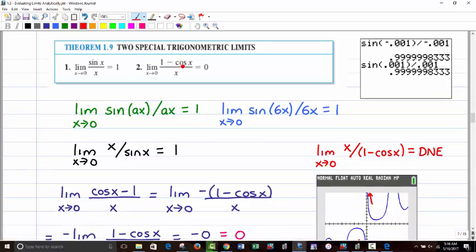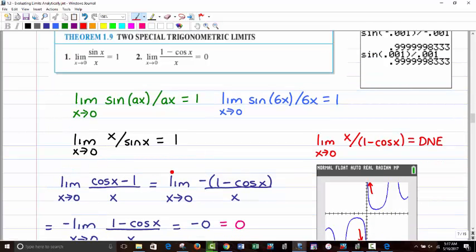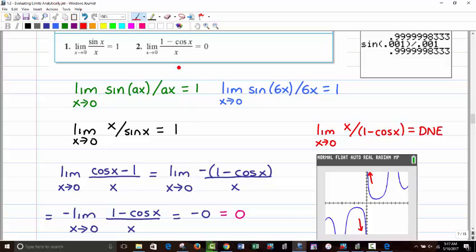Now this one, the 1 minus cos of x, is actually the same as cos of x minus 1, because just imagine if you pulled a negative out of that numerator. This one we've already seen; I'm just showing you why that one was also 0, given the one we've already done that we know is 0. Those functions are negatives of each other.